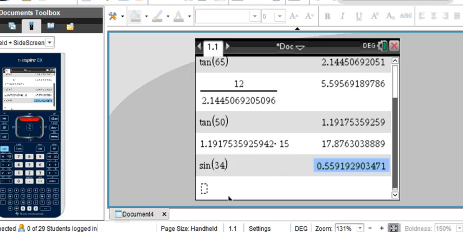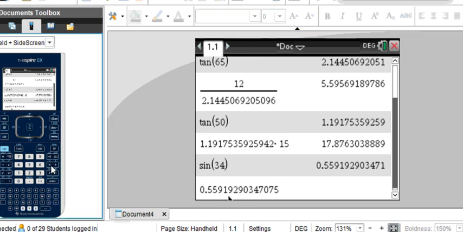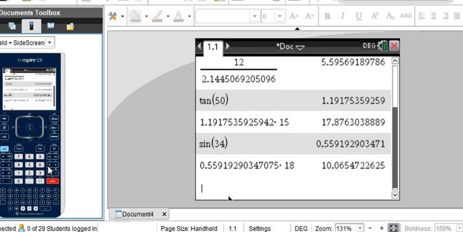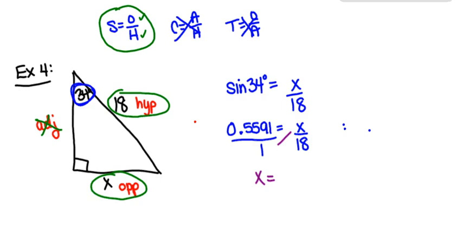So again, I'm going to go up to the previous line. I'm going to copy the whole thing down, not just the 4 digits I put on my paper. And we're again going to round to the nearest integer. So x is equal to 10.